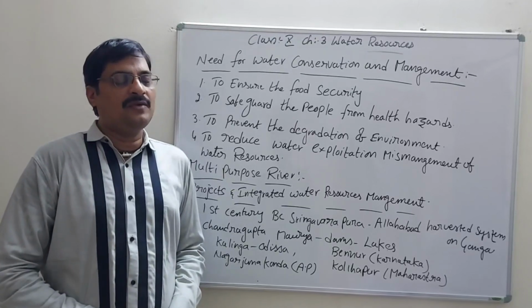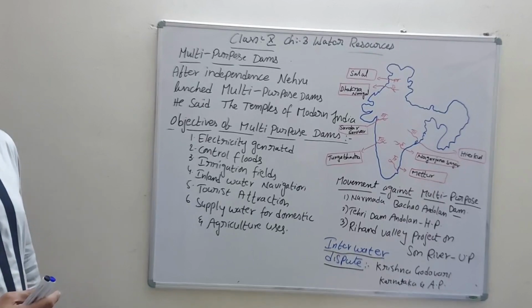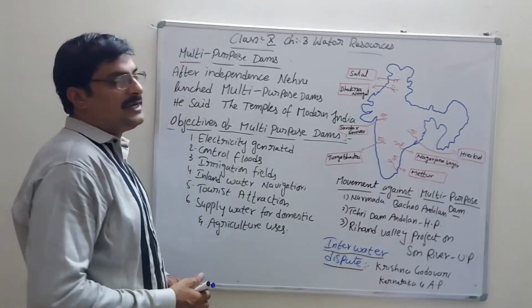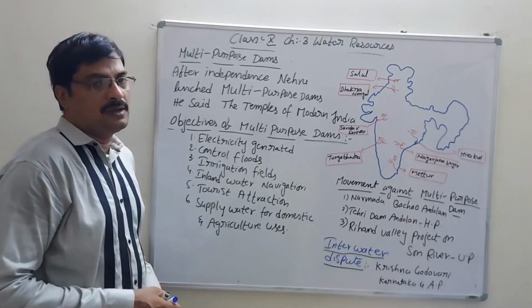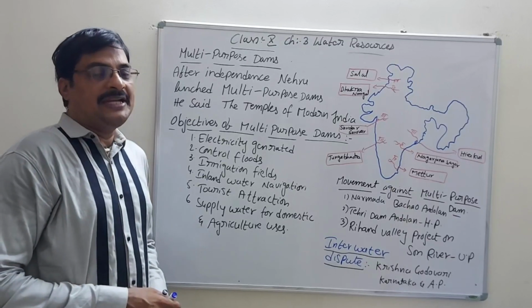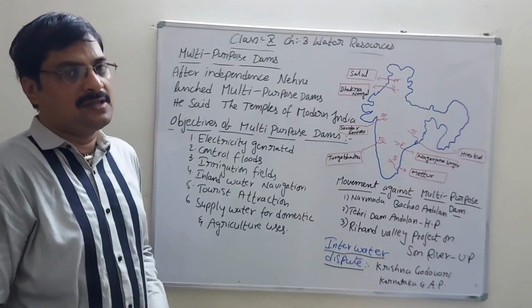Let's discuss the next topic, multi-purpose dams. After independence, Nehru launched multi-purpose dams. What is the meaning of multi-purpose dams? It is a dam that is useful for various things.